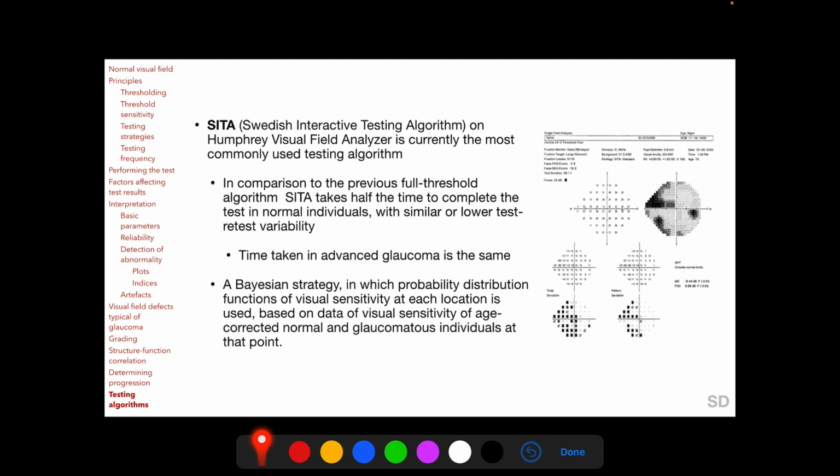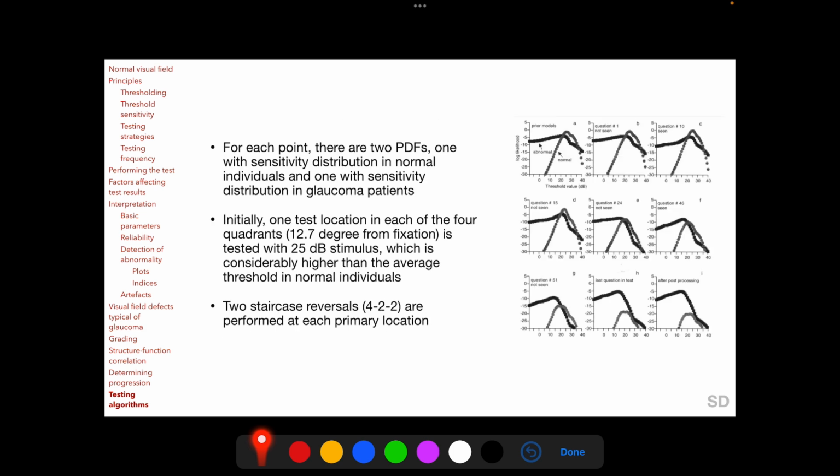The SITA algorithm is a Bayesian strategy in which probability distribution functions of visual sensitivity at each location are used. For each test location, there are 2 probability distribution functions, one with the sensitivity distribution in normal individuals and the other with the sensitivity distribution in glaucoma patients.